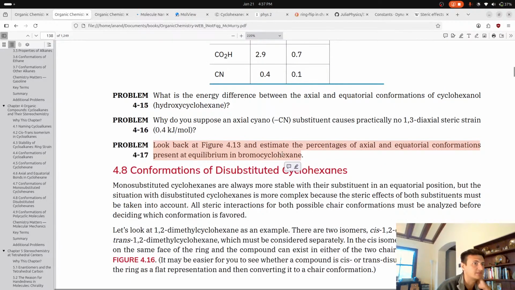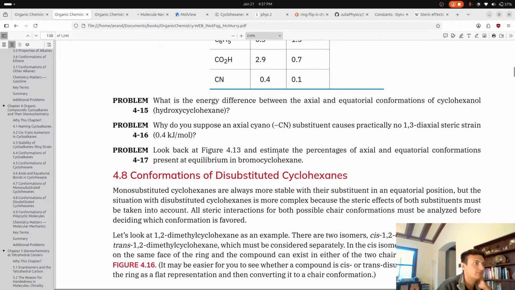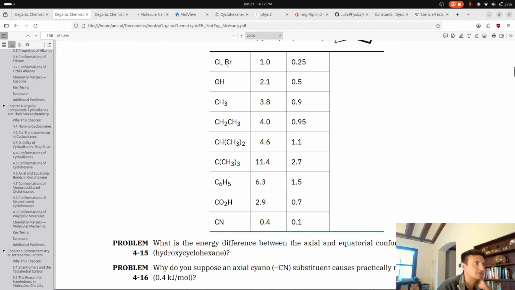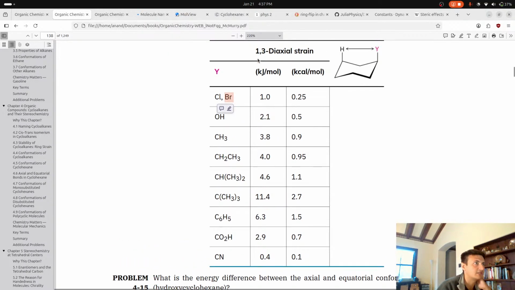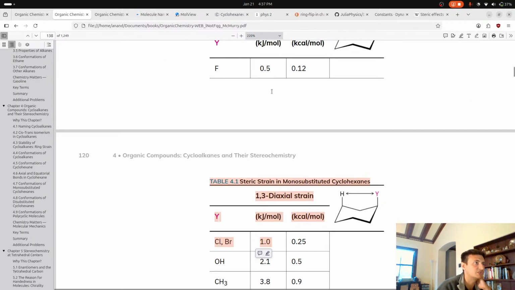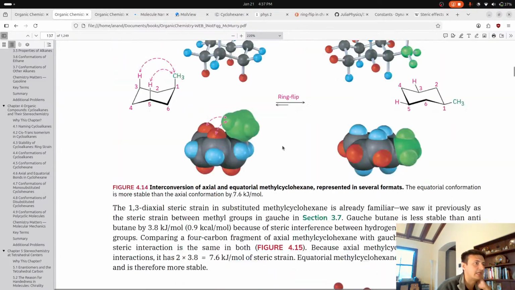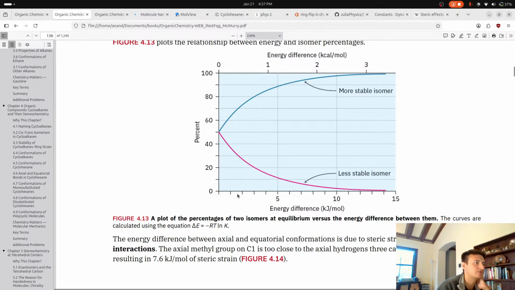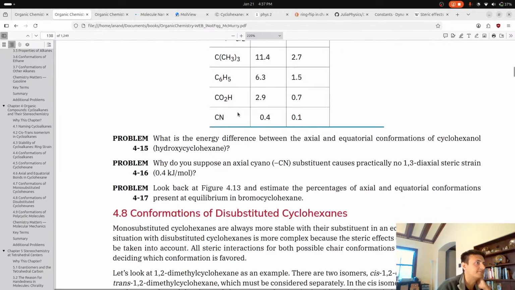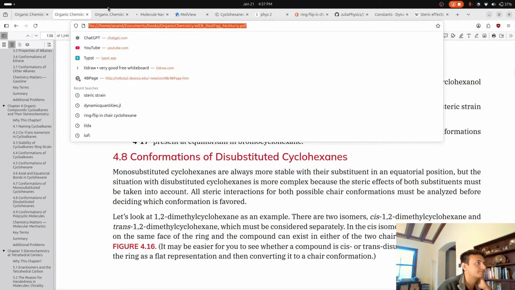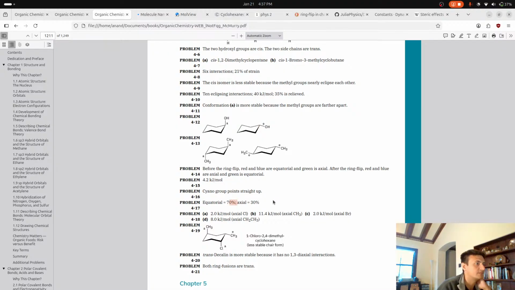Oh, this is easy. Bromocyclohexane. So bromocyclohexane, we're going to have two. So it should be a delta E of 2. So then you go to 2 here. 1, 2. You're like 70%. Nice.